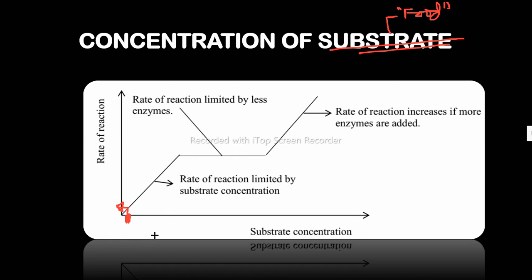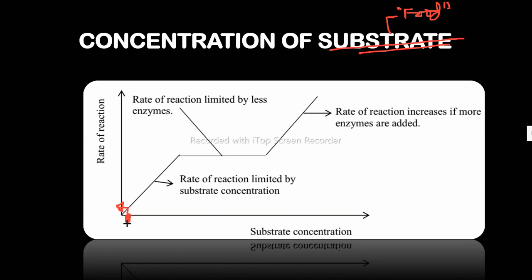Somebody wants to say, at low substrate concentration, the rate of enzyme activity increases, right? That is wrong. At that point you have no increase nor decrease. So at low substrate concentration, the rate of enzyme activity is low.